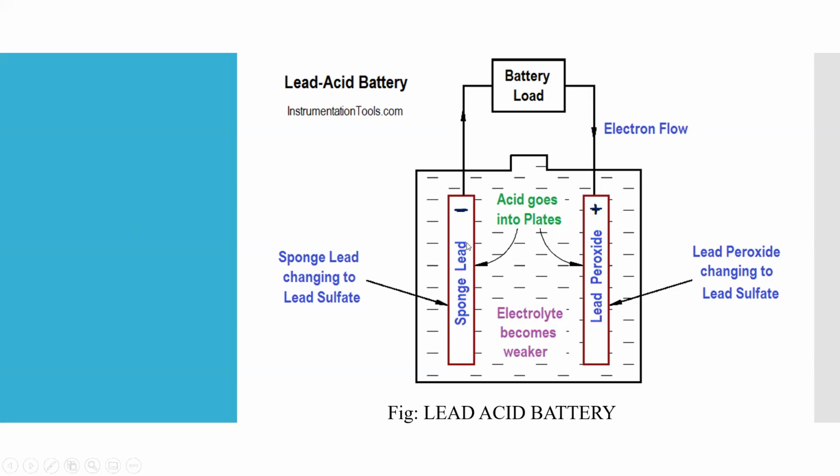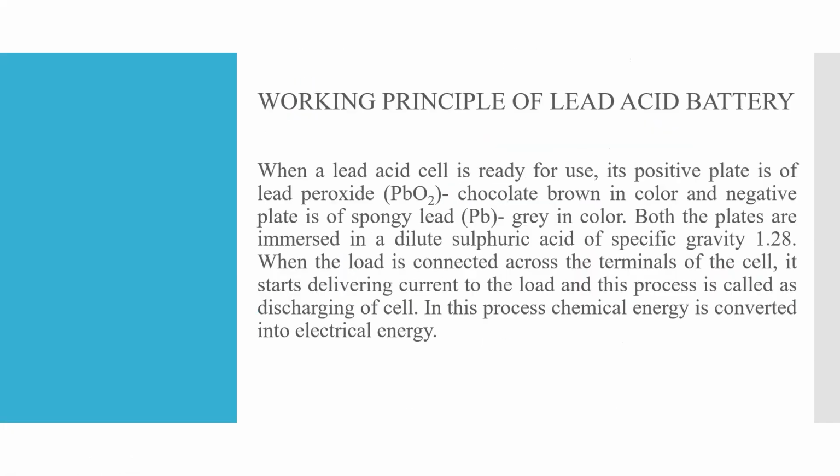Fine. Okay. So just to remember, in a container, one plate is lead peroxide, the other is the sponge lead. In between, there is sulfuric acid, the diluted one. And at the end, we connect the battery load to external terminals. Now let's see what happens.